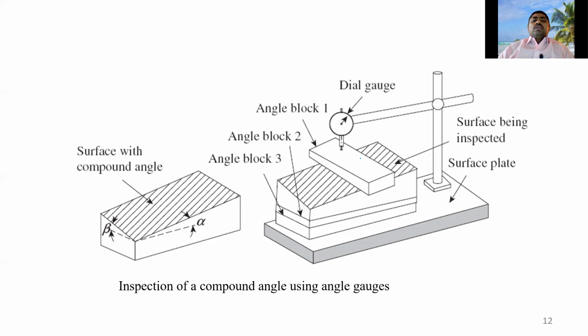So we are making the surface of the compound angle into a horizontal surface, and then we can pile up all the angle gauges and see what the total angle is in both planes.